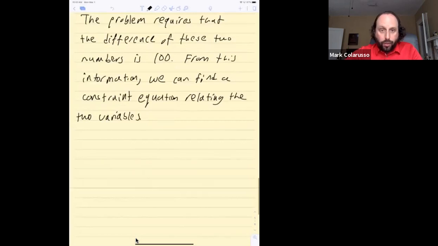The difference of these two numbers is 100, which means that x minus y equals 100. So that's our constraint. This is the constraint.